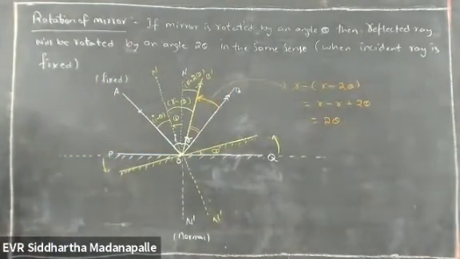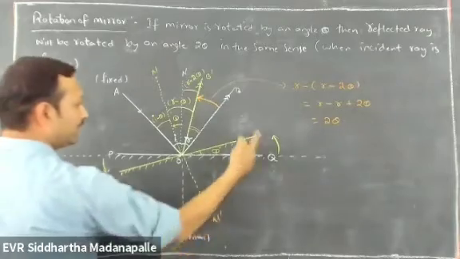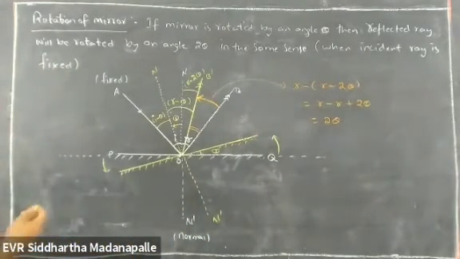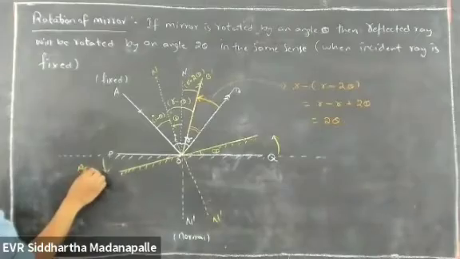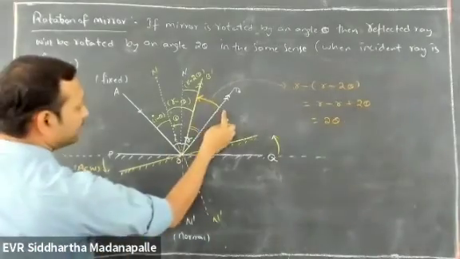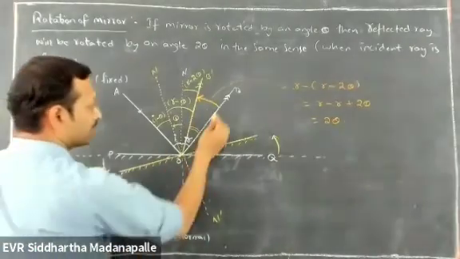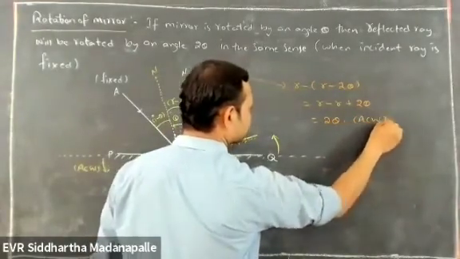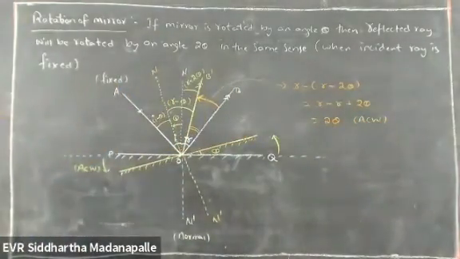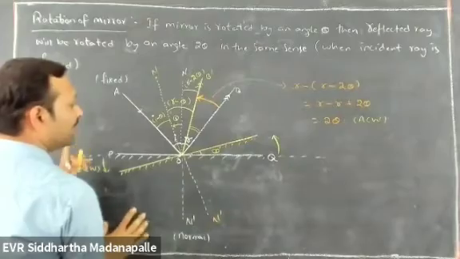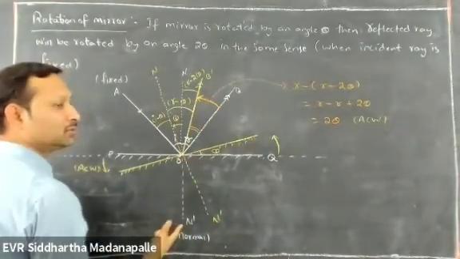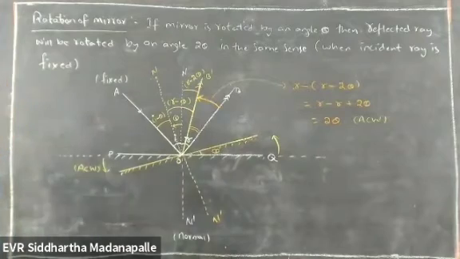So if the mirror is rotated by an angle of theta, so I am rotating the mirror in the anti-clockwise direction here. Therefore the reflected ray also rotates in anti-clockwise direction. If I rotate the mirror in the clockwise direction by an angle theta, then the reflected ray also rotates by an angle of 2 theta in the clockwise direction.